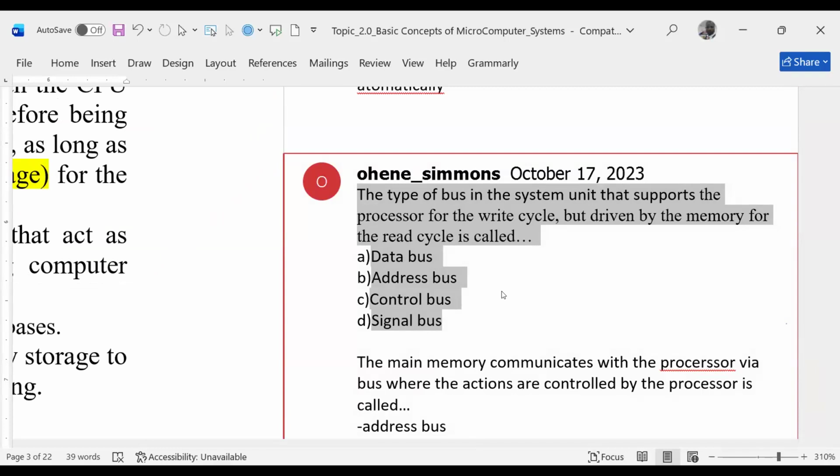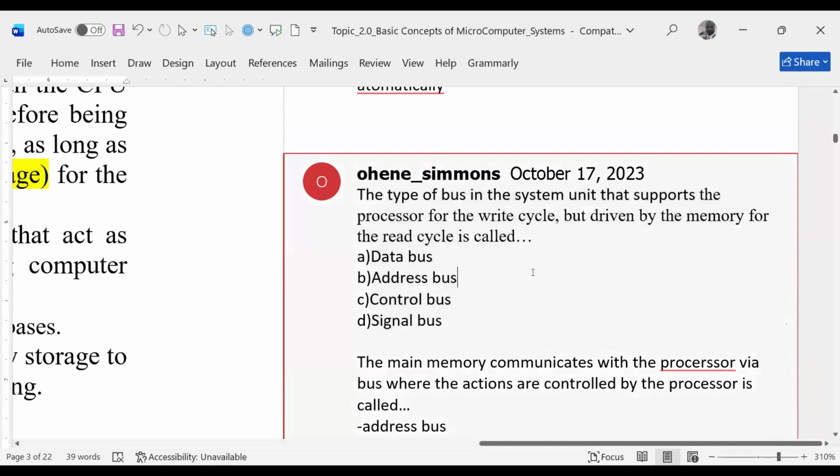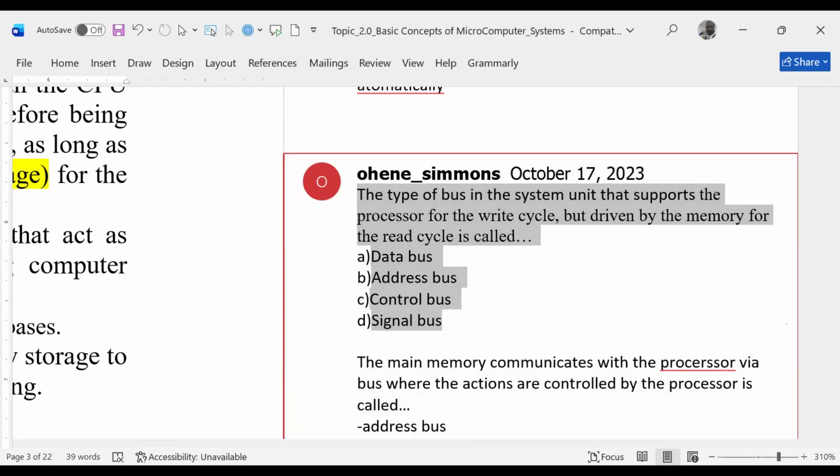Hello, sir, I'm here. Yes, we are waiting for you. Okay, sir. Read the highlighted for us.